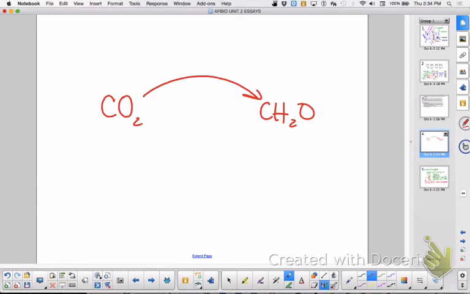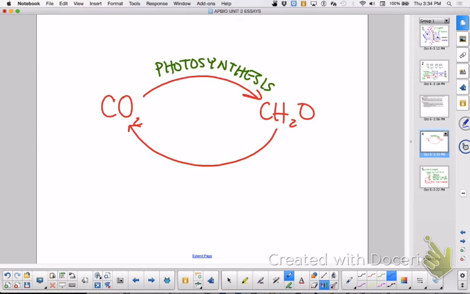What is this process called, carbon dioxide going to carbohydrate? Photosynthesis. It's easier, right? Don't forget the obvious stuff. Okay, that's called photosynthesis. When you go from carbohydrate to CO2, what is that process called? Cellular respiration.